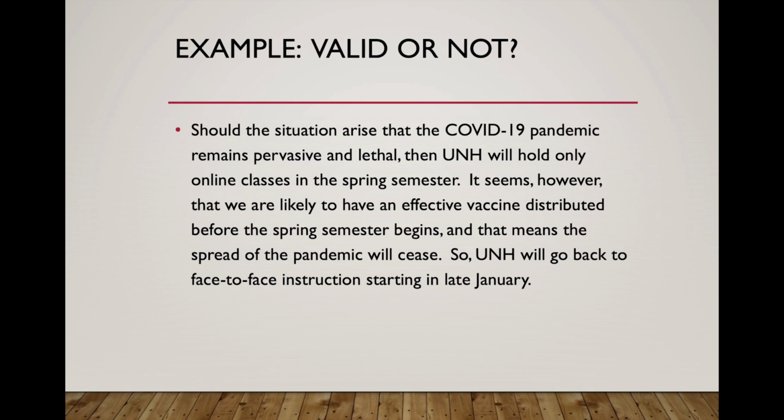So knowing that's the conclusion, in this case, UNH will go back to face-to-face instruction starting in late January, we mark that, but then let's set that aside because that doesn't help us determine whether the argument is valid or not. What we're interested in is the relationship of the second premise to the molecular statement.